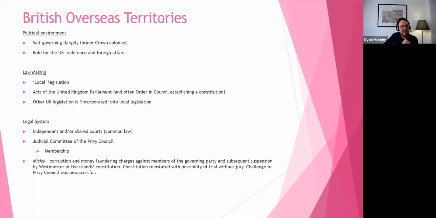So now not only has the UK Parliament been involved in suspending the Constitution and changing the Constitution of the British Overseas Territory, but now the judiciary are also involved in this debacle, in this saga. The challenge to the Privy Council was ultimately unsuccessful.